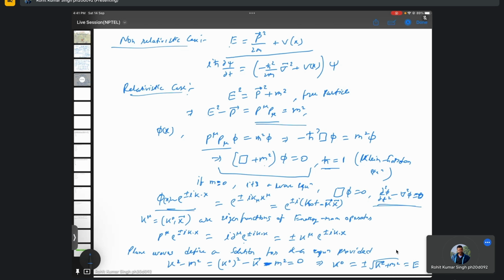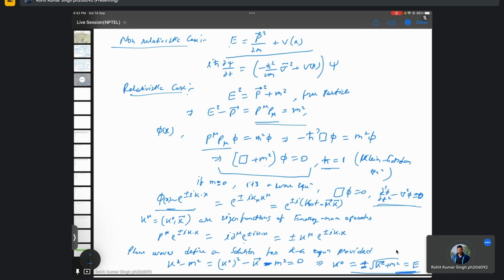So now you see that solving the Klein-Gordon equation gives us a wave function with negative energies, right? So both positive and negative energy states are possible, and this is very peculiar, right? So what does it mean to have a particle of negative energy? It has no meaning, right? In the classical sense, at least.